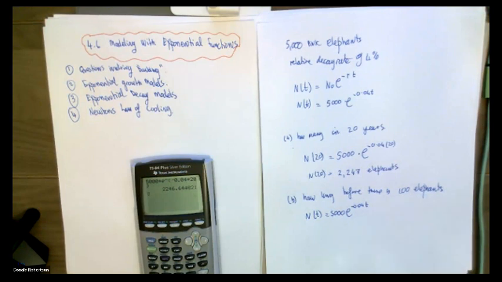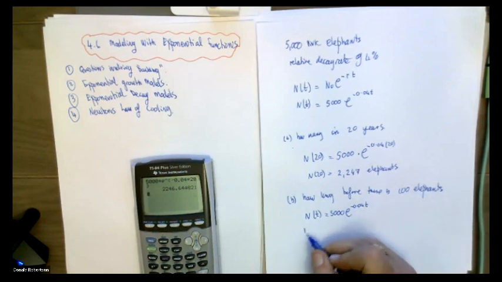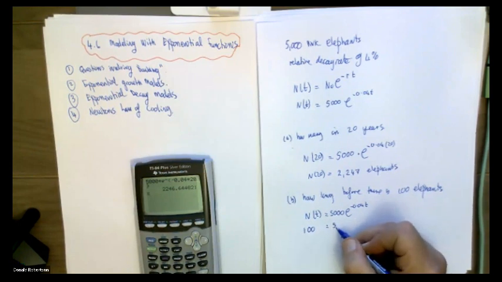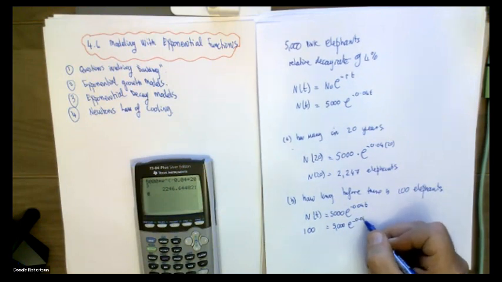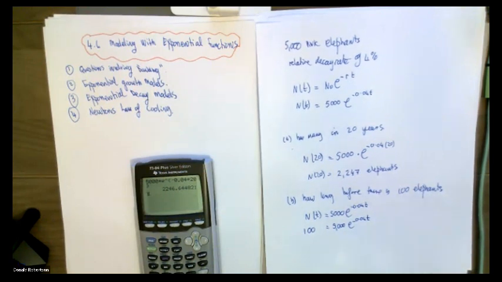It's that guy. I'd like to get 100 elephants. Well, I wouldn't like to get it. I'd like to know how long it would take for that to happen. Okay, hopefully you are very familiar with this type of equation. It's going to involve the same 3 steps that I think the last 8 questions have done.